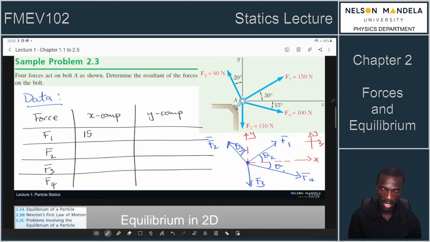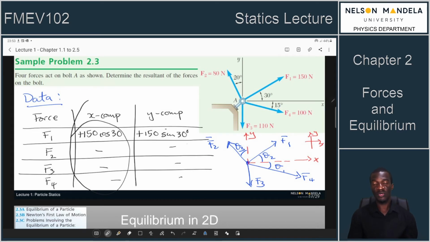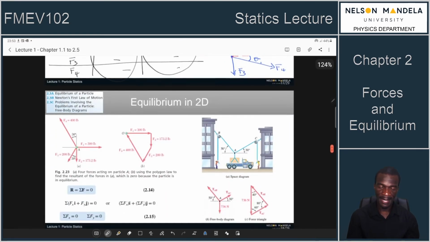You have 150 cos 30, and this is in the positive i direction. What is the y component of force F1? It is 150 sine 30 degrees, and it's a positive component. The same applies for the others. You add all these, you get your resultant in the x. You add all those, you get your resultant in the y. Right.